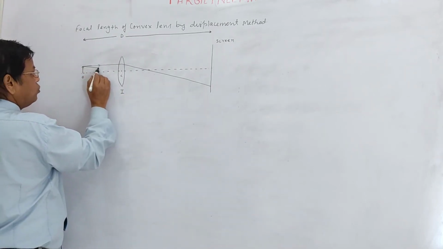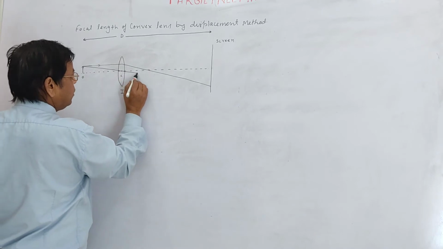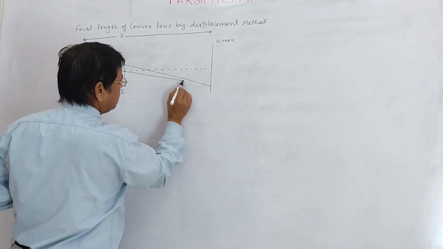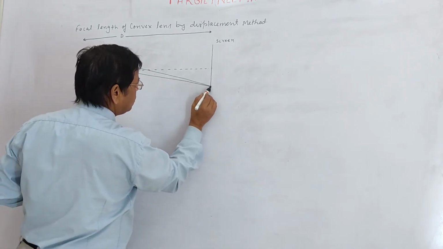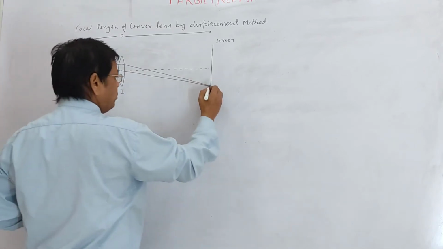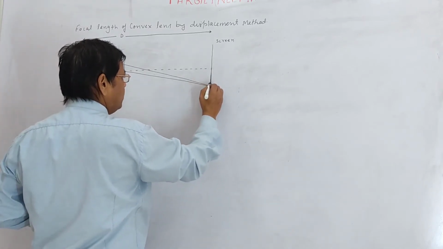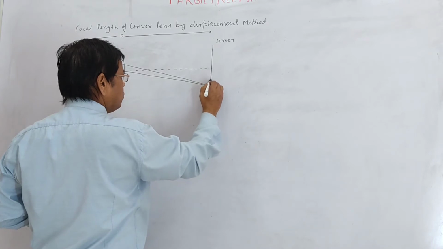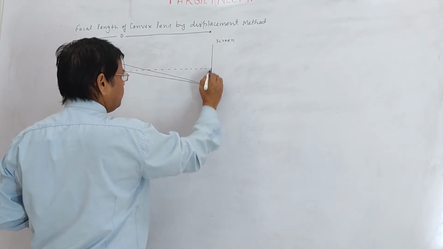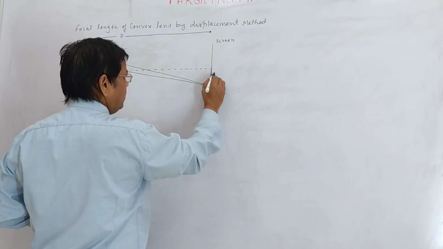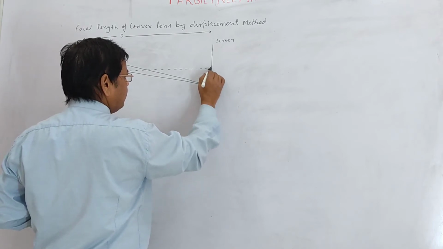The ray which is going through the optical center goes undeviated and meets the screen at this point. So here we are going to get the image. So this is the position of the image on the screen. Let this image be I1.